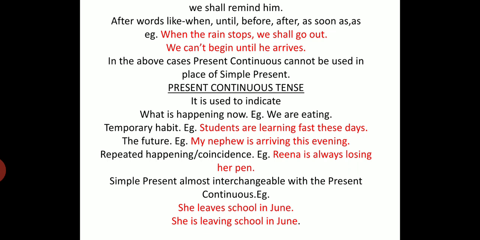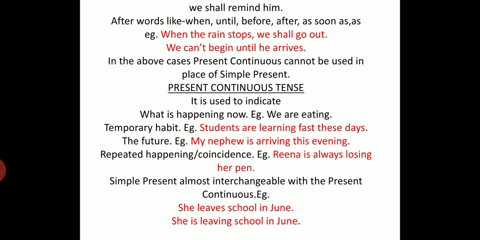Now, there is one case, children, in which the simple present tense is almost interchangeable with the present continuous. It could be for an event which has been definitely planned for the future. In that case we interchange with the present continuous.